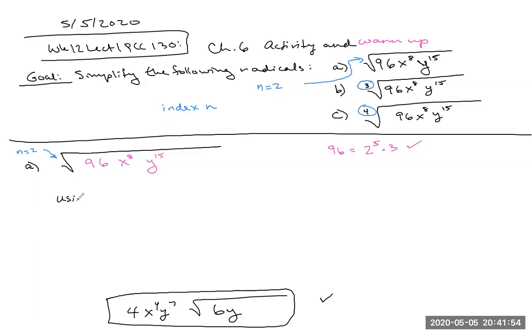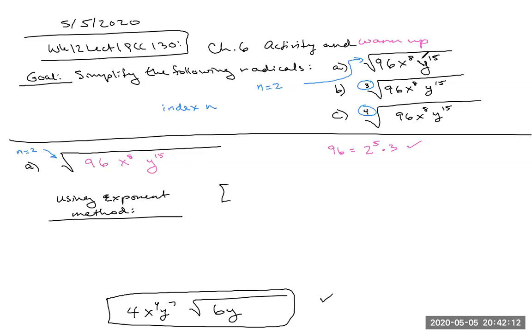So using the exponent method, instead of radicals, we have square root 96x to the 8th, y to the 15th.